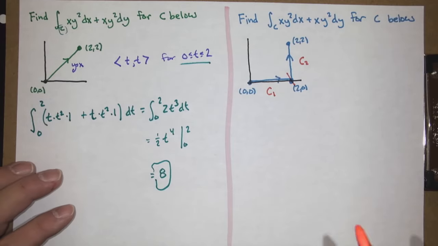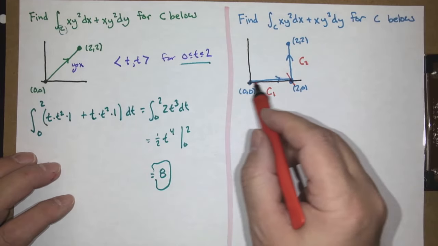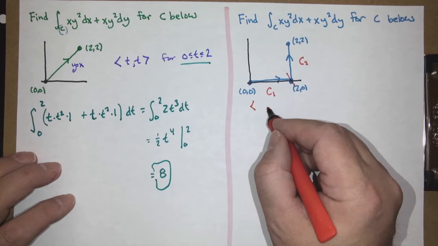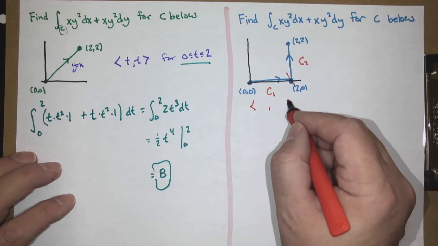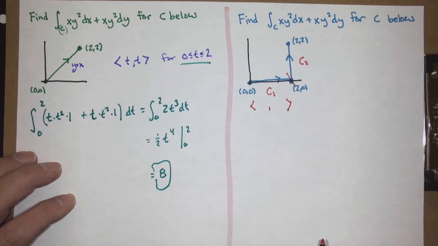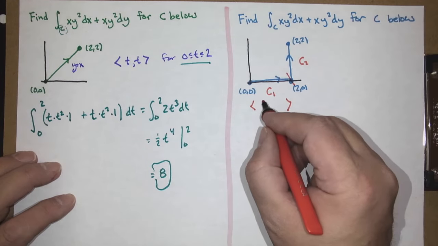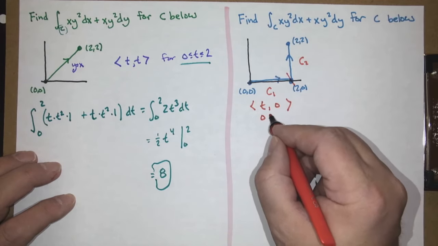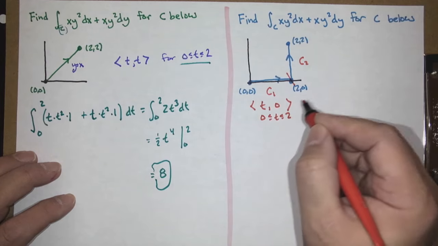So let's talk about C1. We're only moving horizontally. Can you think of a nice parameterization that only moves horizontally, starts at 0, 0, ends at 2, 0? t comma 0. Where does t go from? 0 to 2.